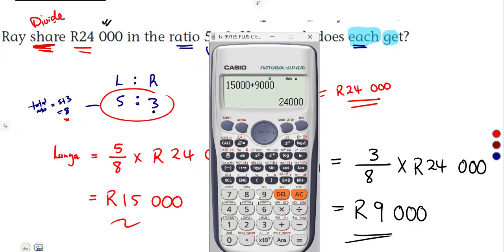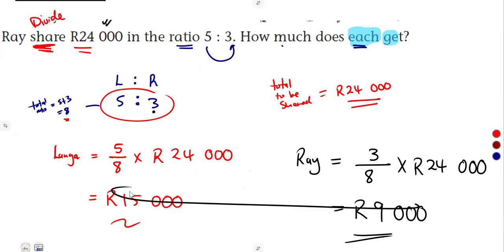If this is not happening, one of the two is wrong, or both of your answers are wrong. So you can now rectify back. You can correct yourself. If the two are added together and you do not obtain this, it means your answer is wrong.